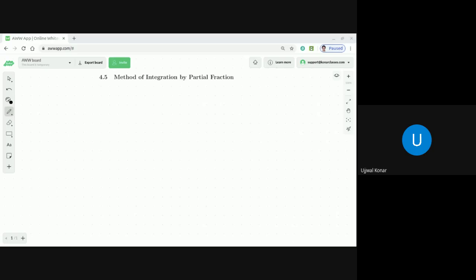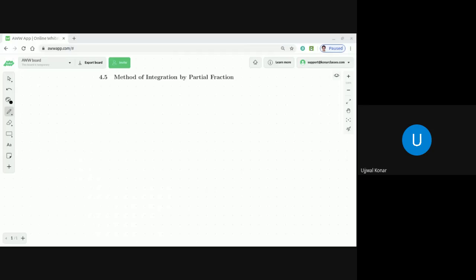Good morning, students. Today we are going to discuss a new topic called integration by partial fractions. Yesterday during the class we had a very light discussion on this: how to leverage the method of partial fractions to perform integration.